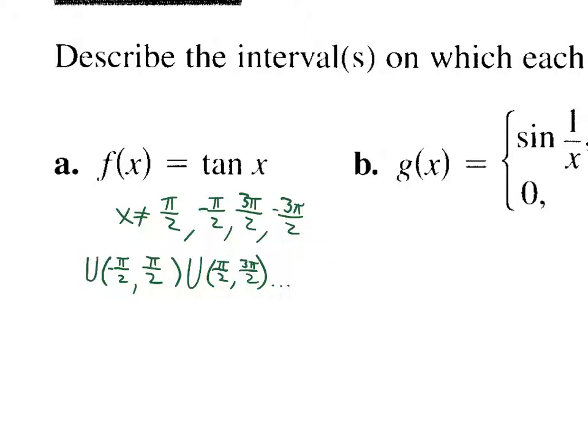And from negative pi over 2 down to negative 3 pi over 2, and we could keep going in that direction as well. You could also state this: each of those is pi apart, so you could state it as pi over 2 plus n pi, and n has to be an integer.